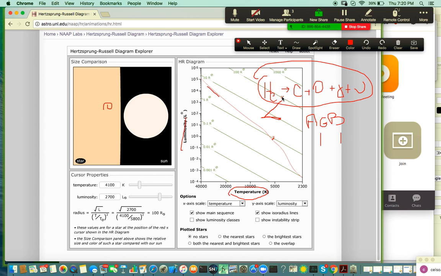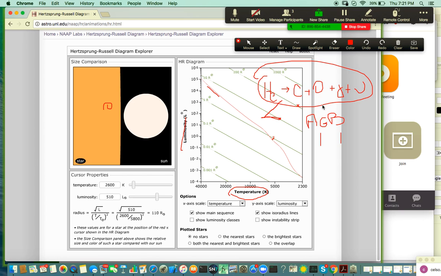And when that moment happens, eventually the whole concentration of helium in the core is exhausted, because the helium supply in the core that produces carbon and oxygen is going to be gone. Helium will be depleted. The ashes of helium fusion reactions, carbon and oxygen, will be the result.